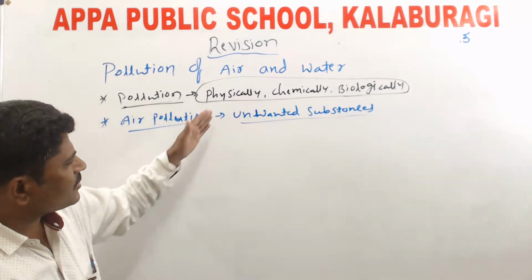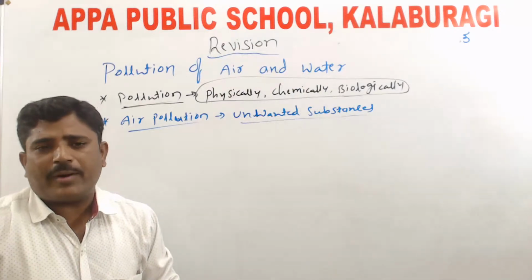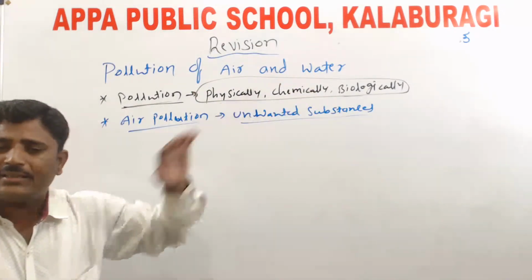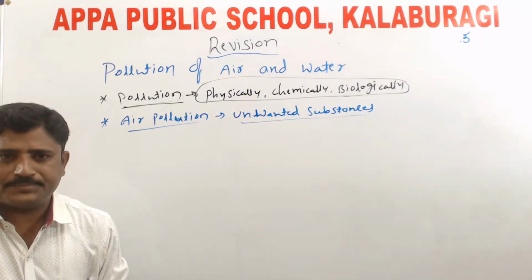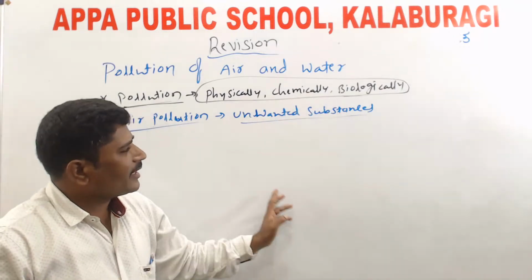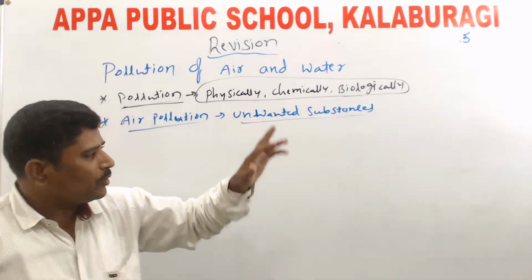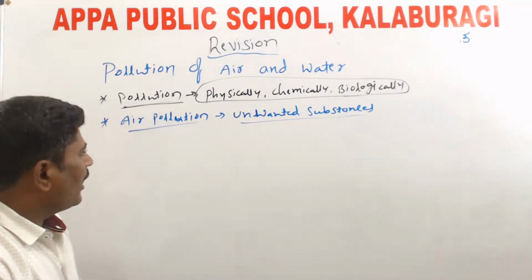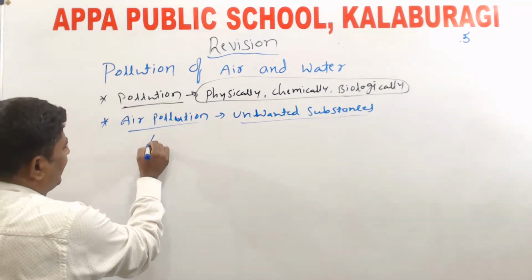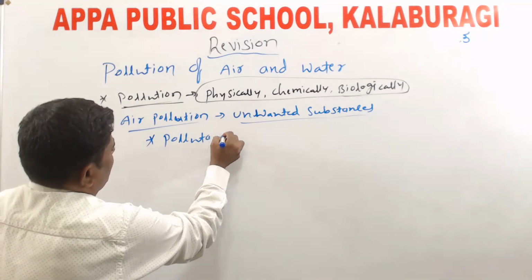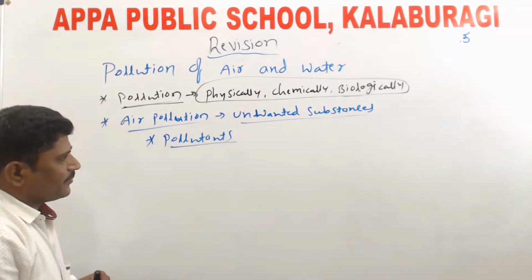Again you can say this also: if air is altered physically, chemically, biologically, then that is called air pollution. And there are some substances that can pollute the air. Such substances are called air pollutants, or commonly pollutants.